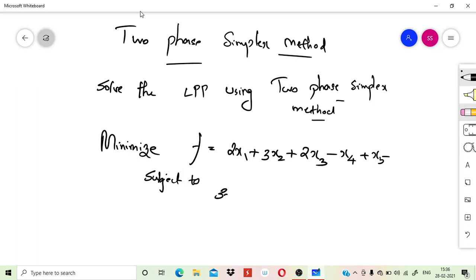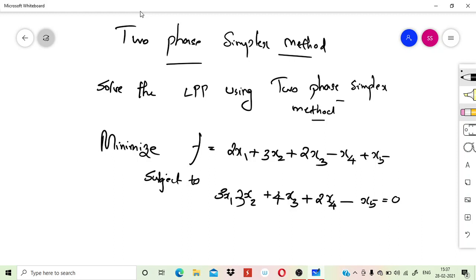3x1 minus 3x2 plus 4x3 plus 2x4 minus x5 equal to 0.